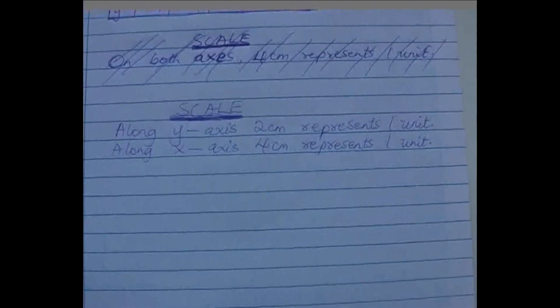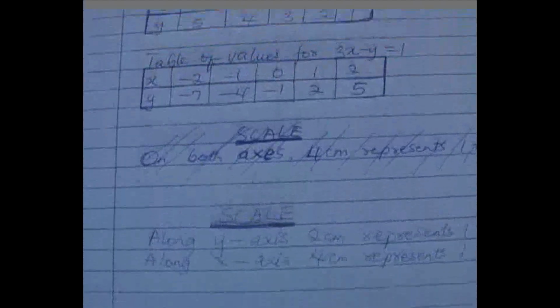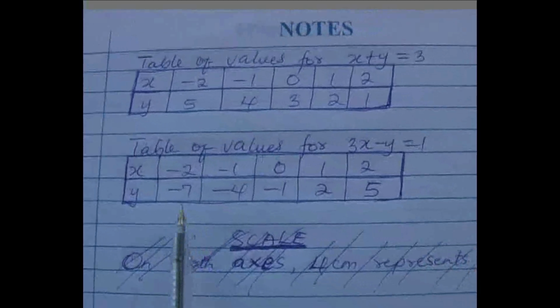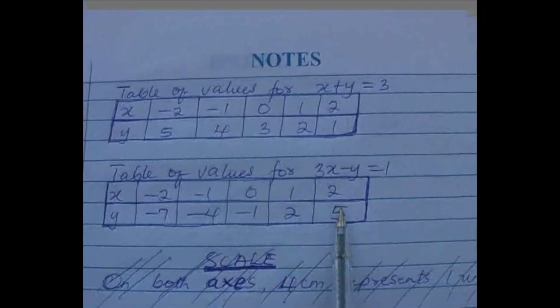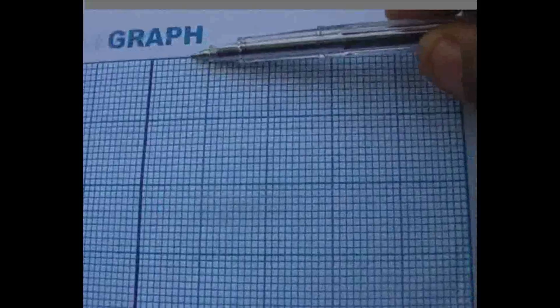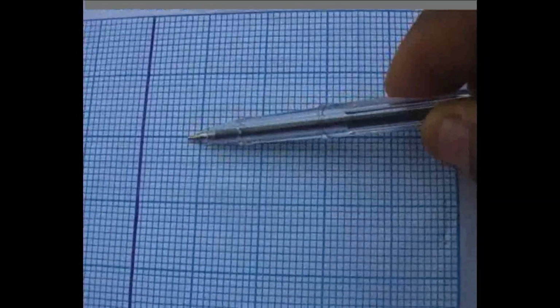I want to explain to you why 2 cm representing 1 unit will work along the y-axis. As you have added, 7 and 5 will give you 12. When I use the ruler to explain to you, you discover that from here to here was seen to be 2 cm, 2 cm, 2 cm, and it goes down.